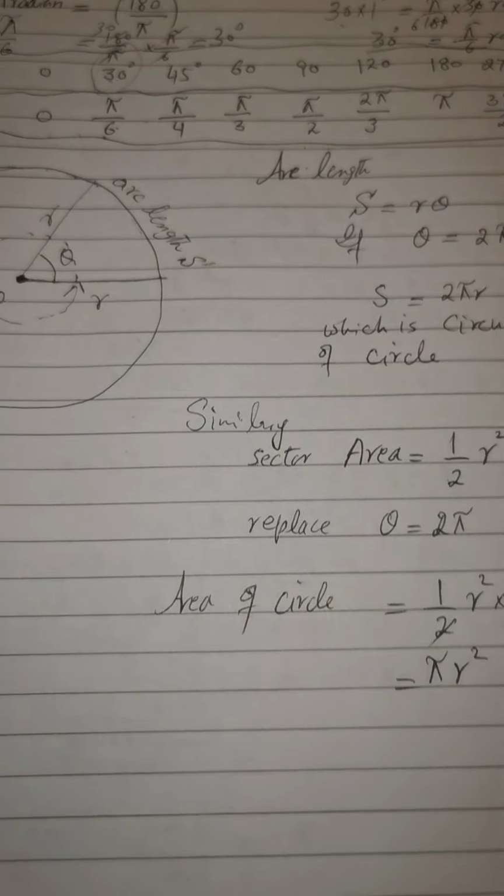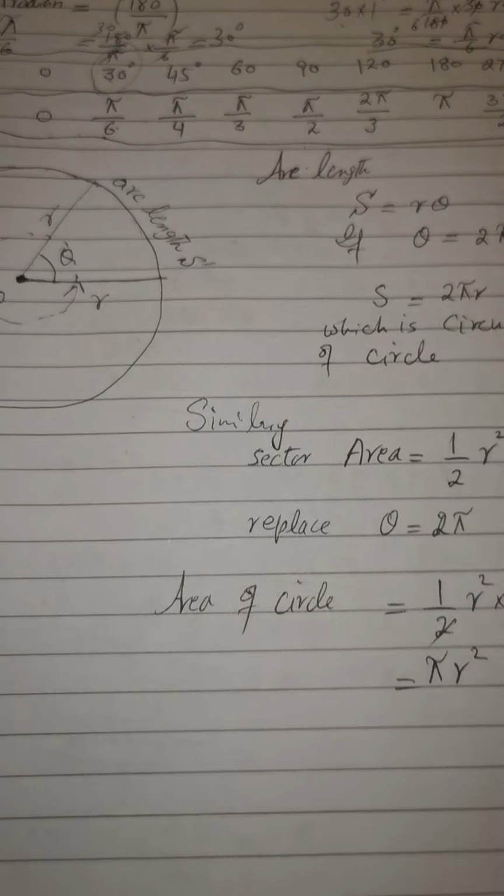Now the next thing is about arc length. If I take a circle of radius r, from anywhere you take it, it will be r, the same in the case of a circle. From this center O, one length is r, the other is also r, and it makes the angle theta.